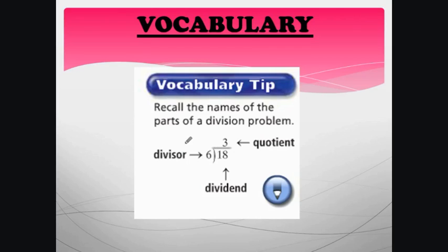Our divisor is the number that we're dividing our dividend by. So in this case, we are dividing 18 by our divisor 6. How many times does 6 go into our dividend 18? Our quotient, which is the answer to our division problem, is 3. So we're going to be sure to really use that vocabulary when dividing decimals.